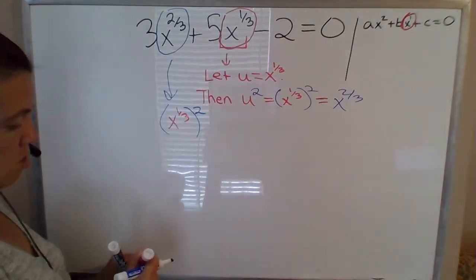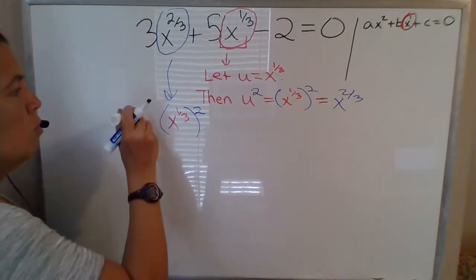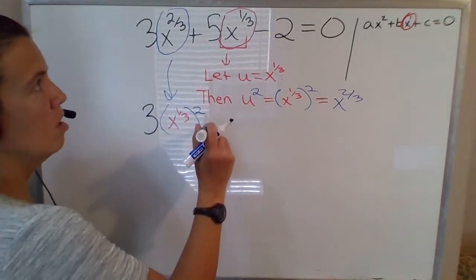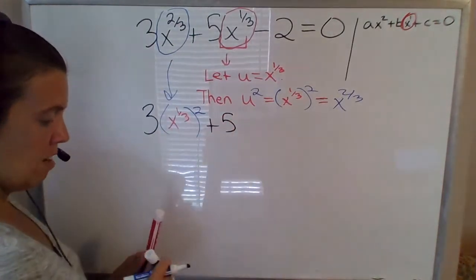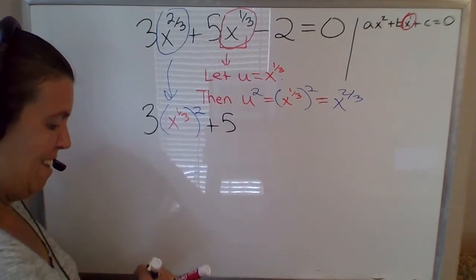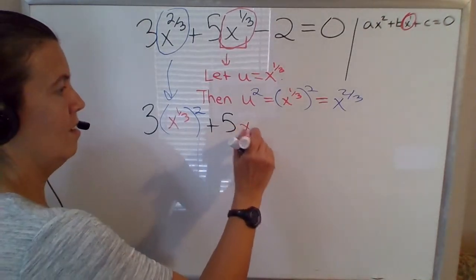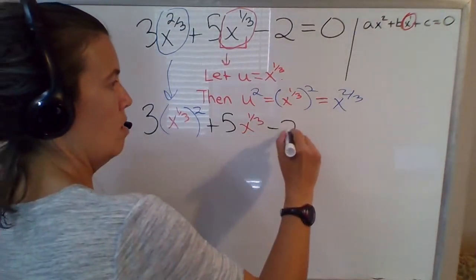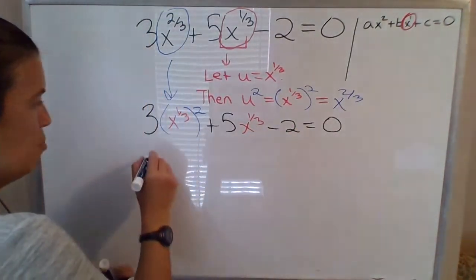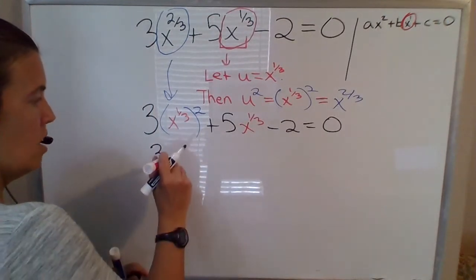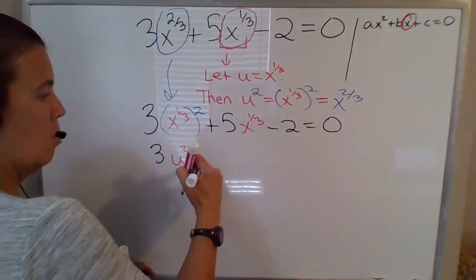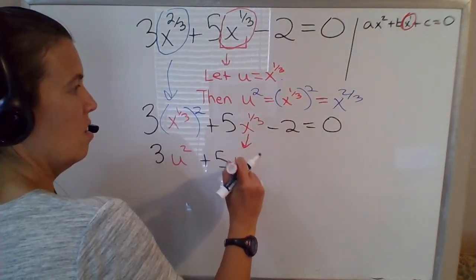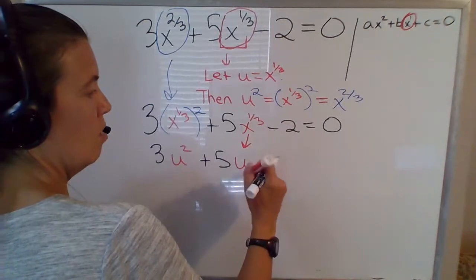That's the same as x to the 2/3. So we have 3 times this x to the 1/3 squared, that's your double the exponent, plus 5 times x to the 1/3, minus 2 equals 0. So this becomes 3 times u squared plus 5 times u, replacing x to the 1/3, minus 2.